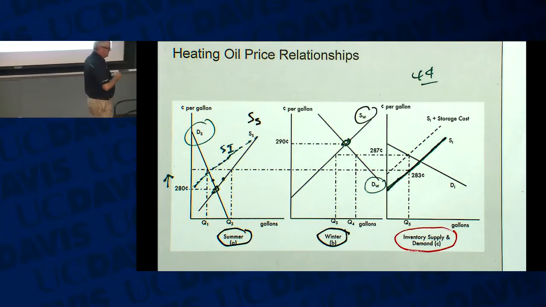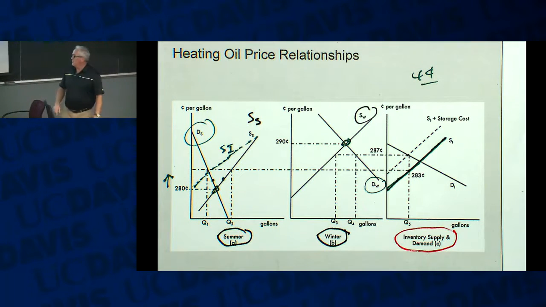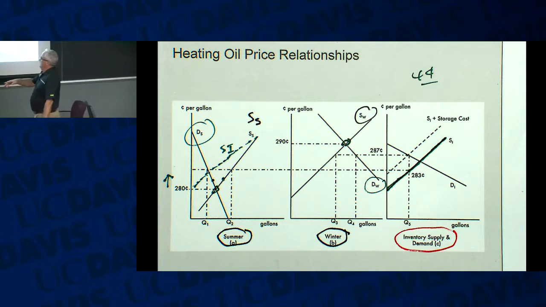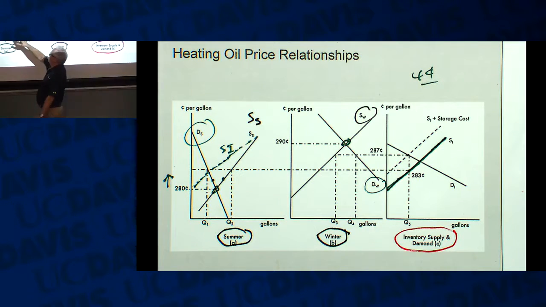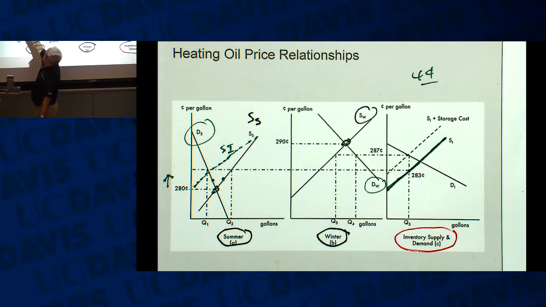Why did I start it at $2.80? Well, at $2.80, there's no surplus heating oil for Paul to buy, so there is no inventory carried forward. If we move above 280, and we get to this point, well, that's this distance here, right? This distance is equal to this distance.